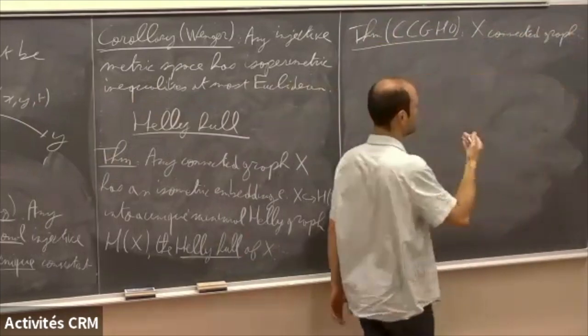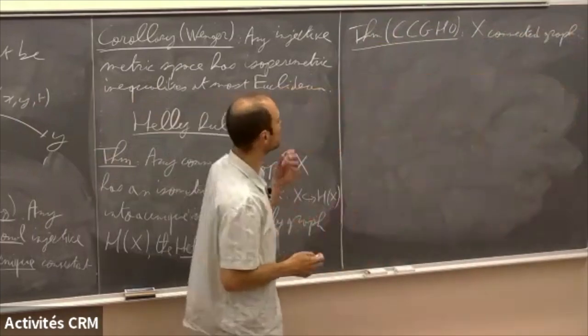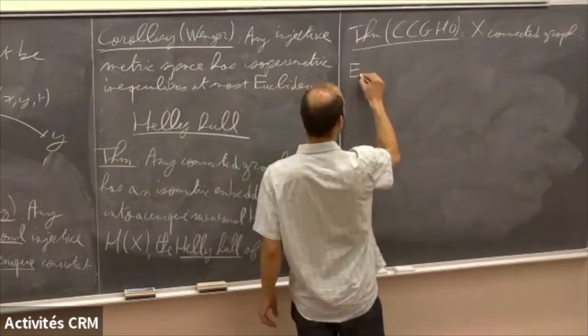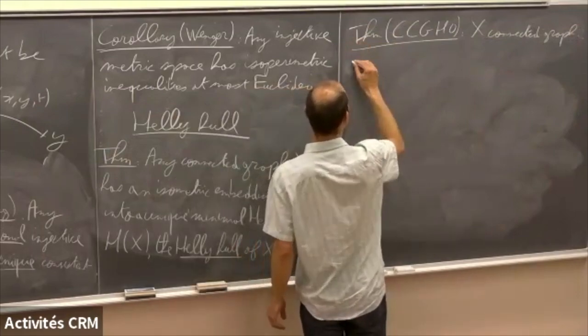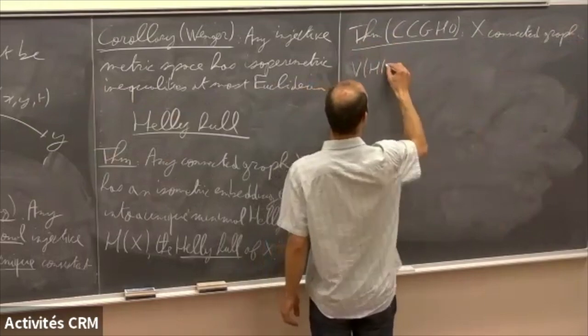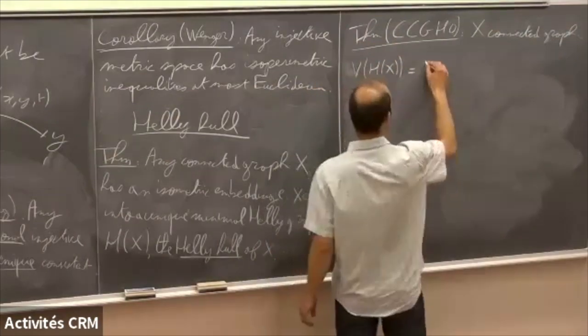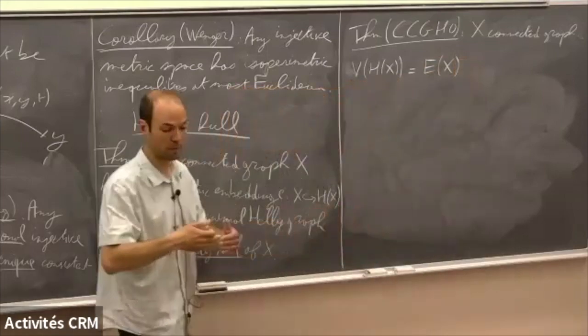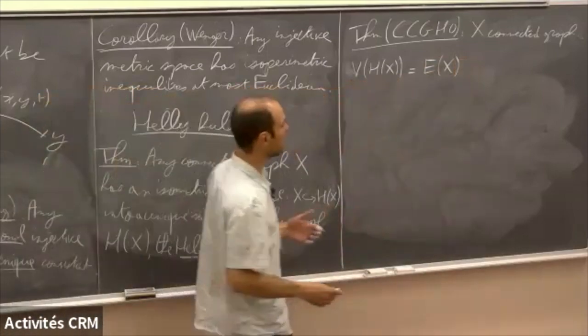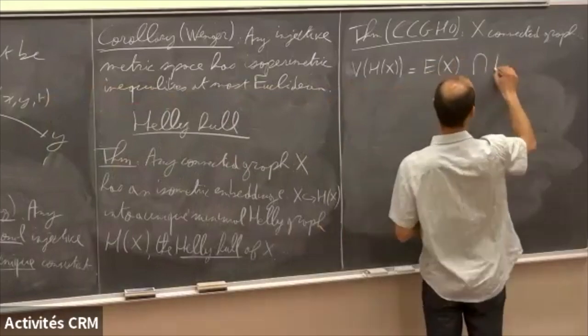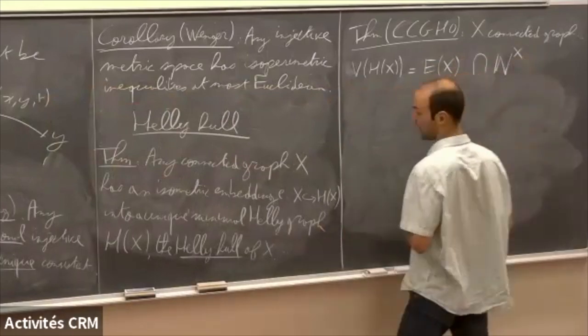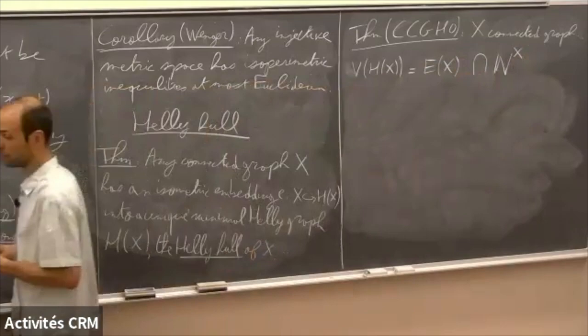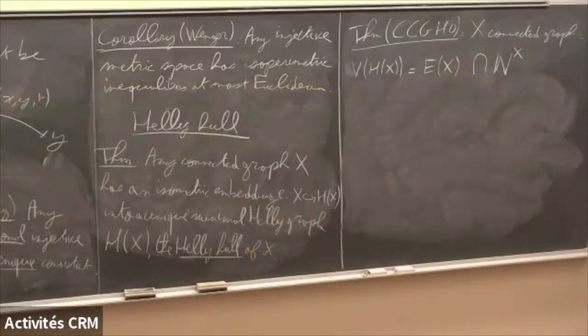I will also look at the vertex set of X. Then the vertex set of the Helly hull is nothing more than the injective hull of X, which is considered as the space of functions from X to R, when I reduce them to the space of functions from X to N.